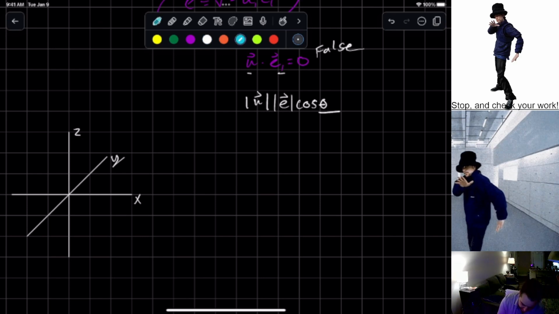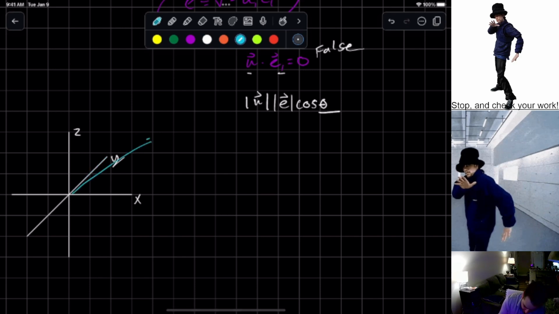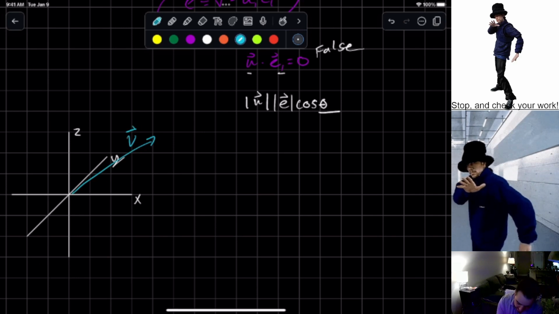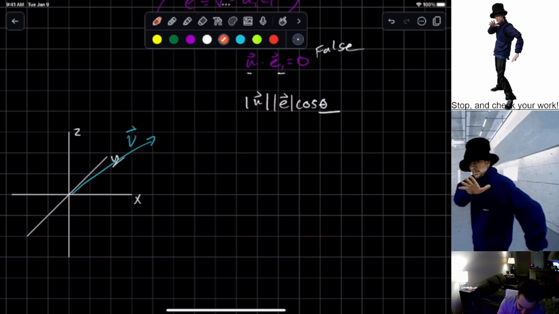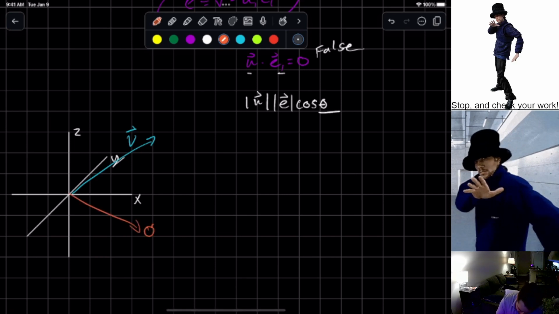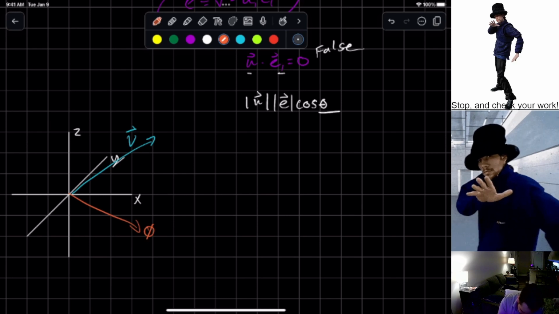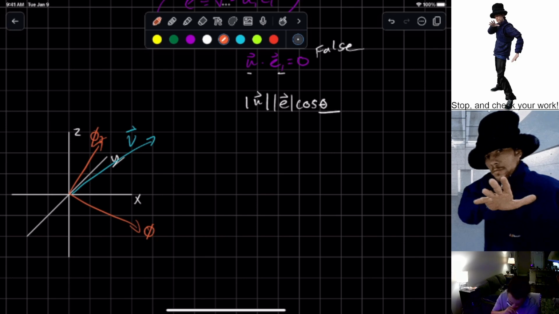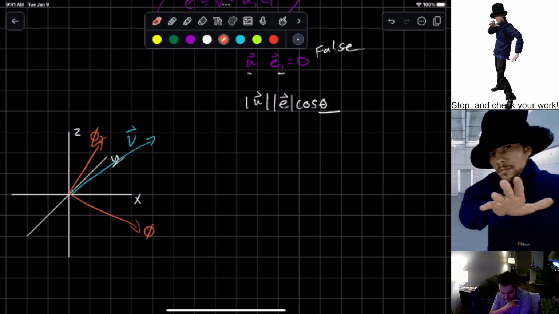So let's say we have this blue vector shooting off over here, or this v vector. Sorry. We want to approximate this v vector with two other vectors in there. So we'll call this theta 1, maybe it's on the xy plane. Oh, and that one, theta 2, is on the zy plane.